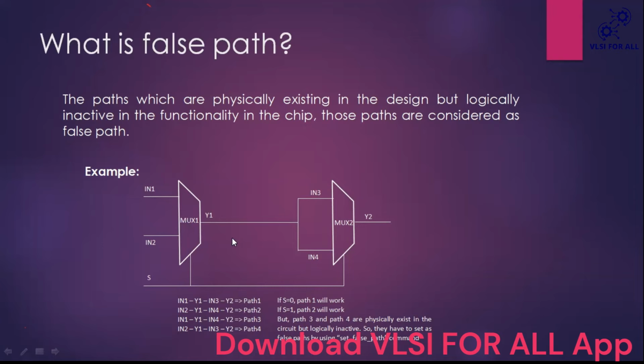If you leave these paths like that, the tool will try to do timing optimization for path 3 and 4 also. To avoid that, we have to set a false path for the 3rd and 4th paths. Then the tool will avoid fixing timing for them.